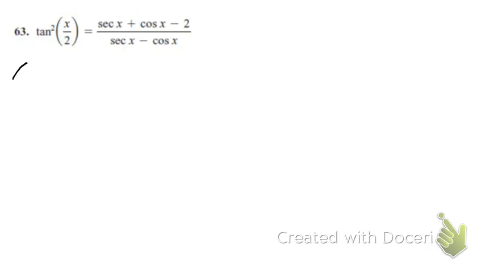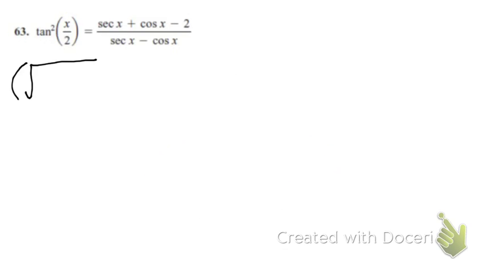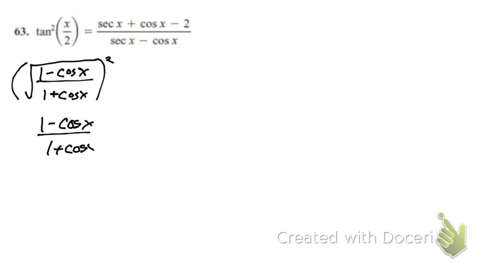So we're going to rewrite that as the square root of, and we said we're picking that one, 1 minus cosine of x over 1 plus cosine of x. And that is squared. Well, when I square that, I'm just left with 1 minus cosine x over 1 plus cosine x.